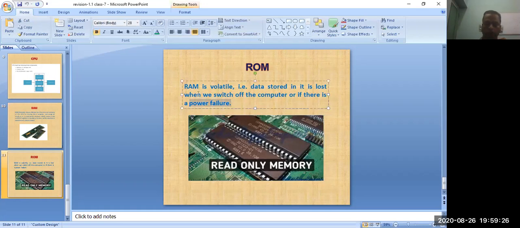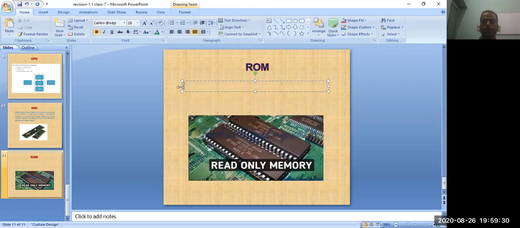ROM does not lose its content on failure of power supply. ROM is also of three types, that is PROM, EPROM, and EEPROM.